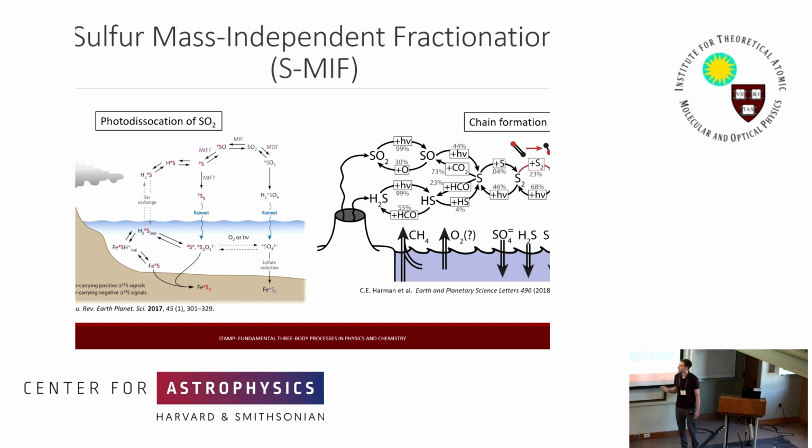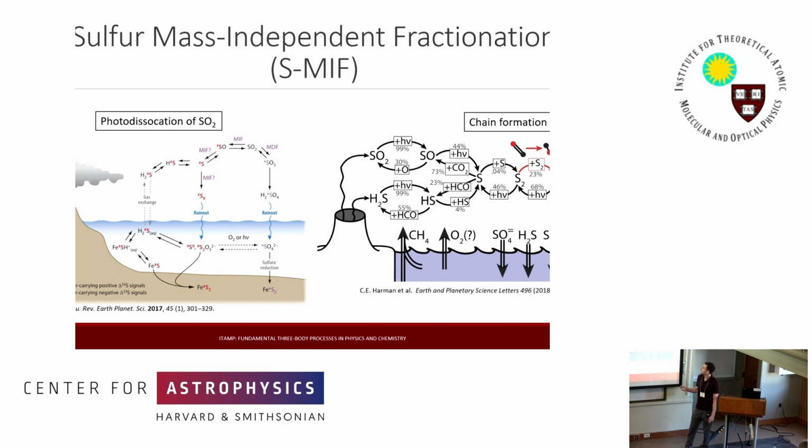And so these sulfur-containing compounds were free to react, and certain reactions could lead to this MIF, or mass-independent fractionation. So one school of thought is the photodissociation of SO2, where some SO is dissociated, and then it falls into the ground, and then these mass-independent fractionation signatures are present.